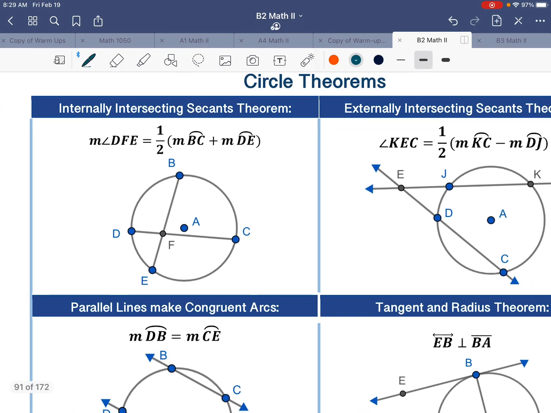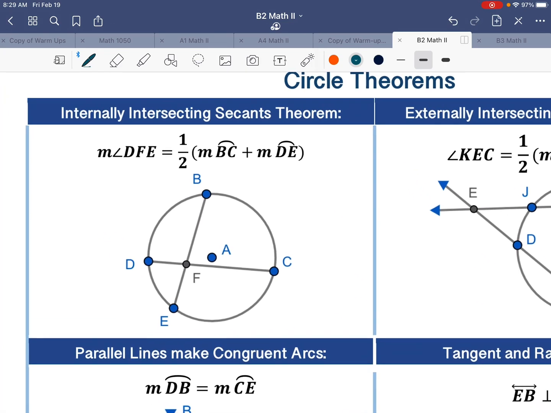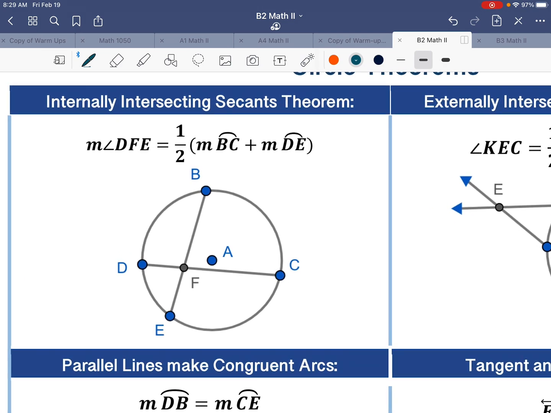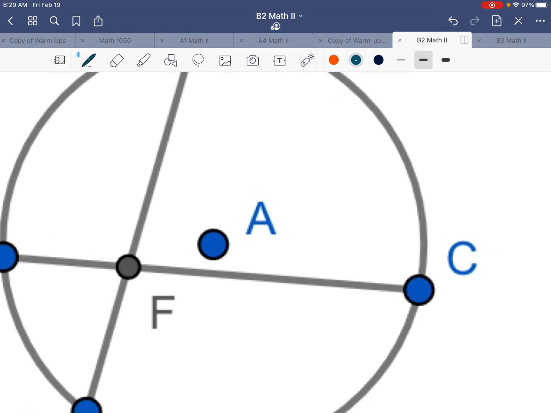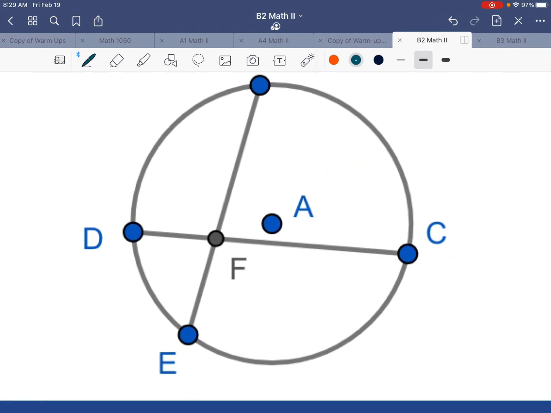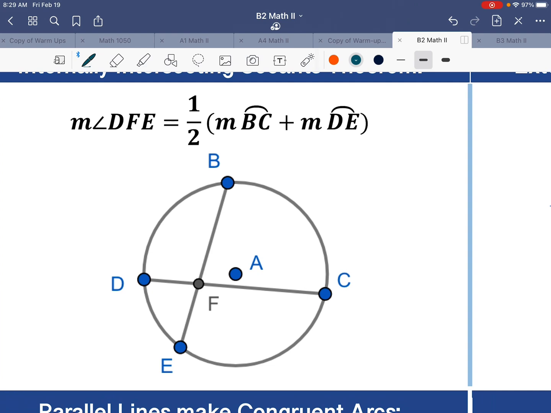The first one that we're going to talk about is the internally intersecting secants theorem. So really we just have two line segments, technically, intersecting inside of a circle, and I will note that it's not in the center, right? This is a different point somewhere else. And I will try my best to highlight these so that they make sense.